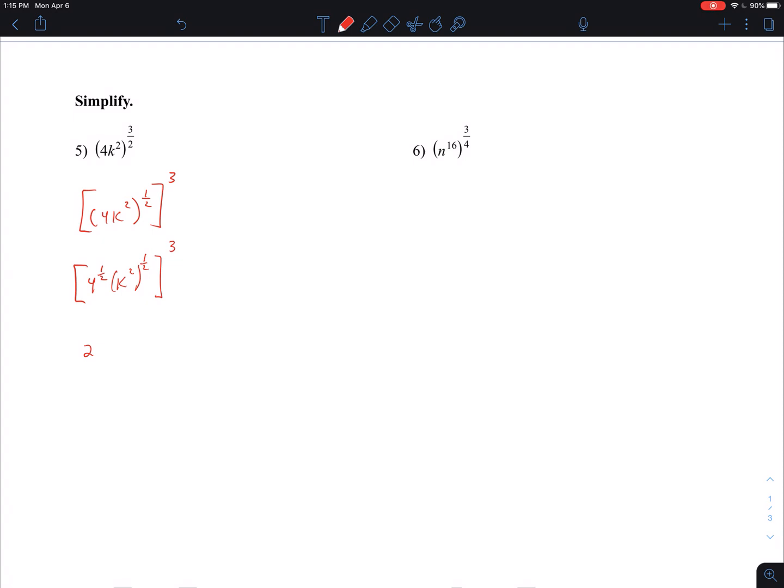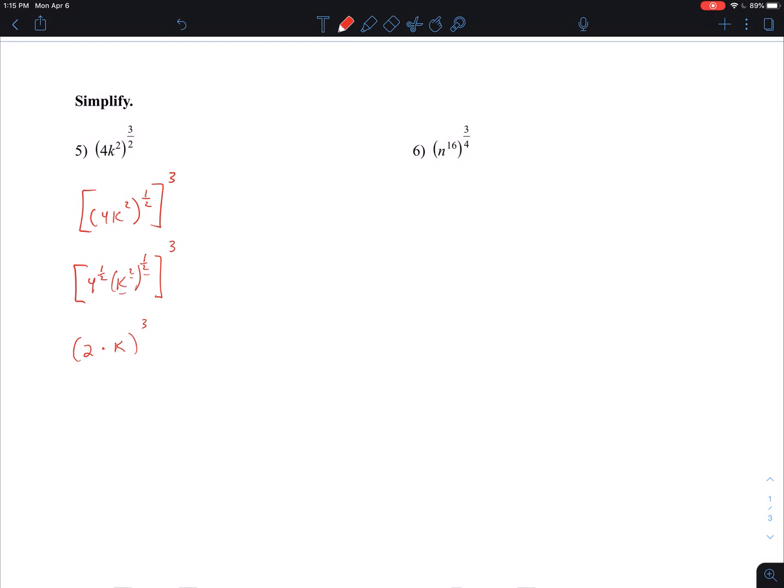What's the square root of k squared? Well, that's really the absolute value of k. Oh, sorry, did I say x? I meant k. If I'm taking k squared and I'm raising it to the half power, that's just k. And it really should be the absolute value of k, but because we're all working in positives, I'm just going to write k. And then all of that is raised to the third power.